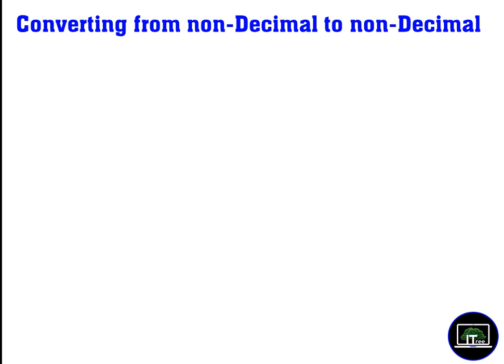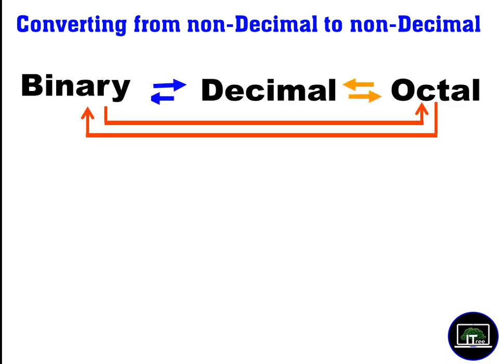How do we convert a number from non-decimal to non-decimal? Say binary to octal. You can convert the binary number to decimal, then convert that decimal into octal. Or you can directly convert from binary to octal, or the other way around, octal to decimal and decimal to binary, or octal to binary directly.